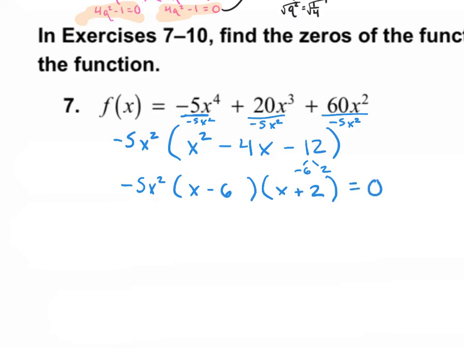What do we do next? Set them all equal to 0. So we have negative 5x squared is equal to 0, x minus 6 is equal to 0, x plus 2 is equal to 0.